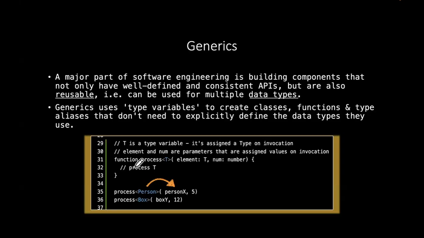Clearly, within the function itself we'd have to have some kind of conditional statements that determine what exactly T is. It may not need to, if the nature of the processing can be generic to whatever the type is, hence the name generics. So that's just the syntax of it anyway.